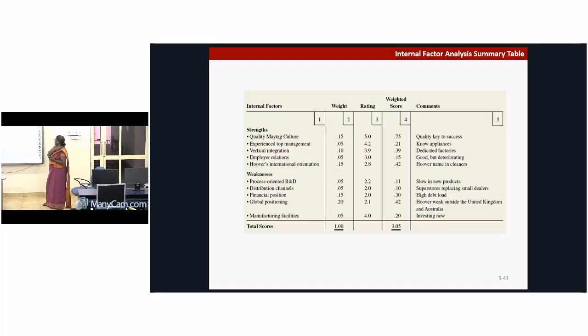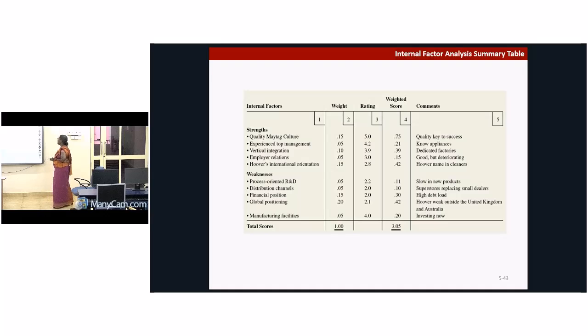Then the weaknesses: process-oriented research and development, that is their research and development process. Distribution channels, financial position and global positioning are also weaknesses.